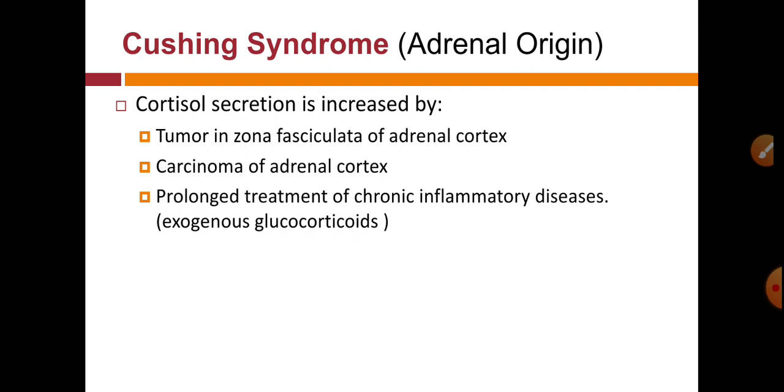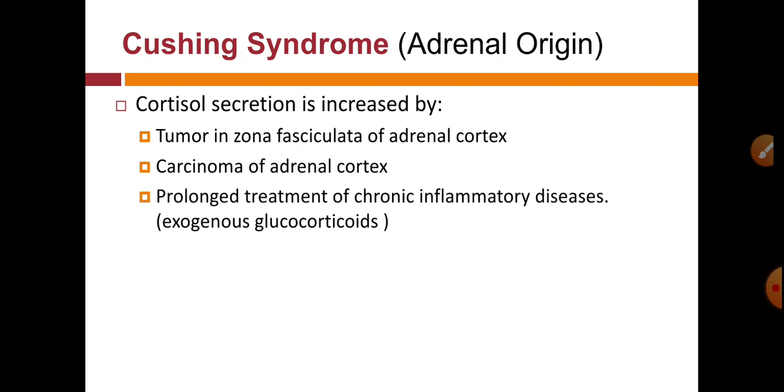Then the second cause is carcinoma of adrenal cortex. When there is a carcinoma or metastatic tumor present in the adrenal cortex, particularly the zona fasciculata region, it will cause hypersecretion of cortisol.